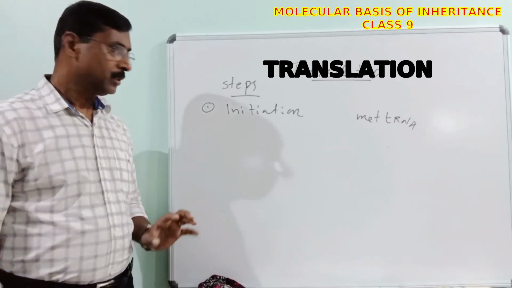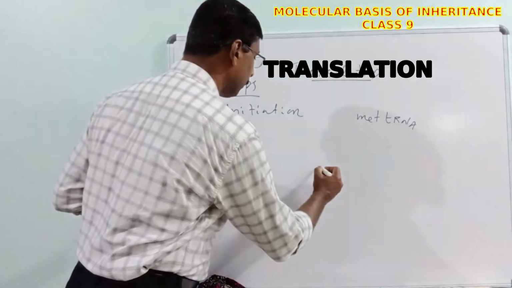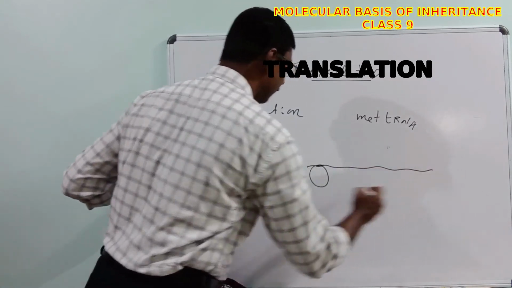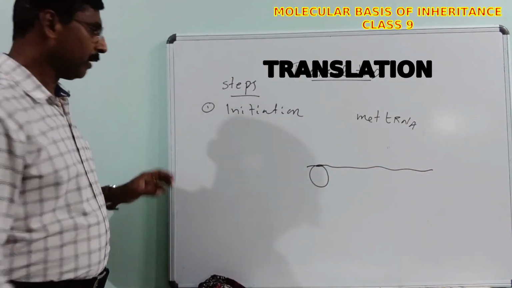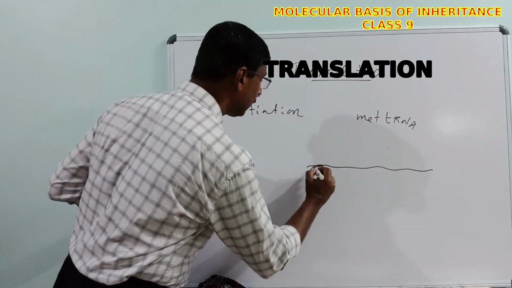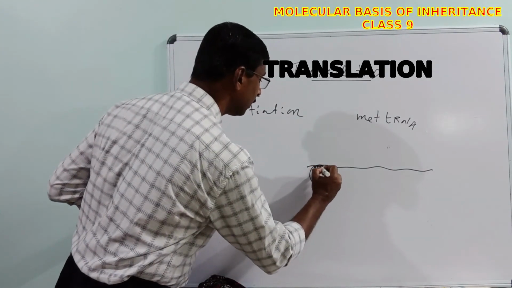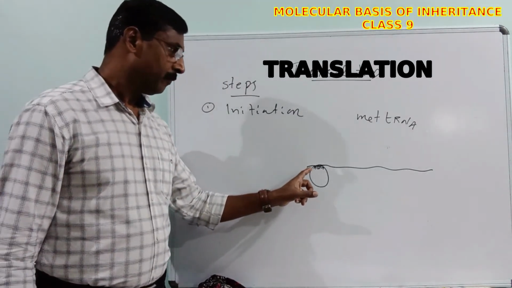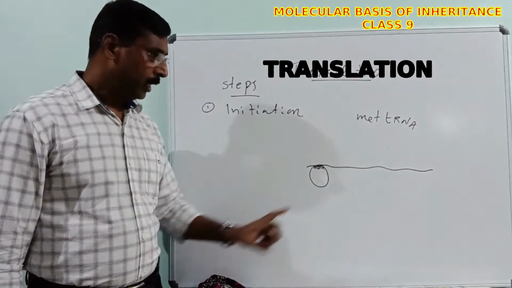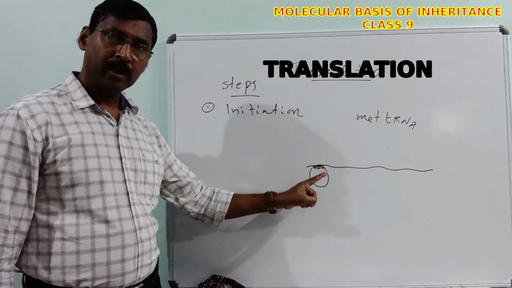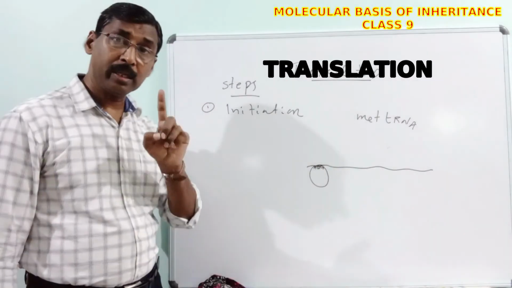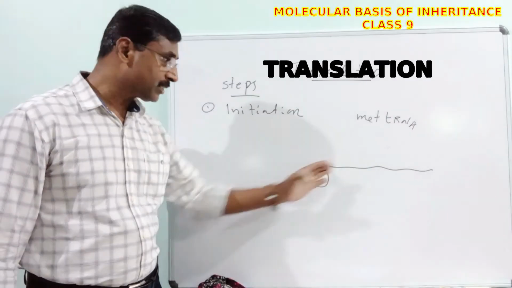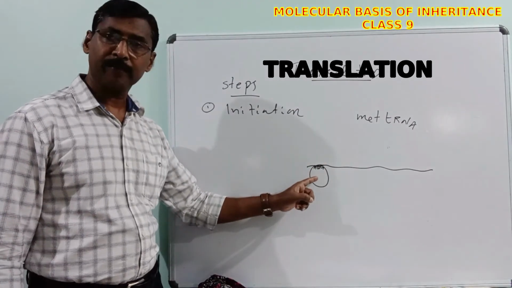So the smaller subunit of the ribosome has already combined with the messenger RNA, and here it has the AUG codon. The smaller subunit combines with the messenger RNA at the AUG site only. It recognizes the AUG site because this is the initiator codon.